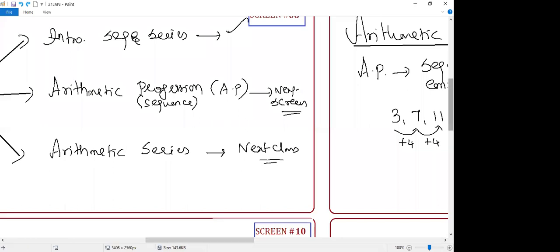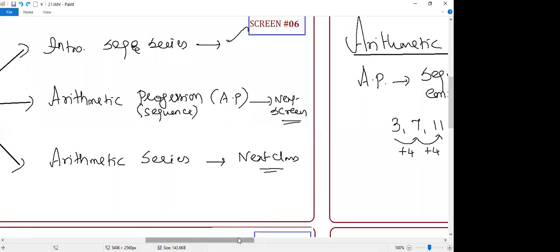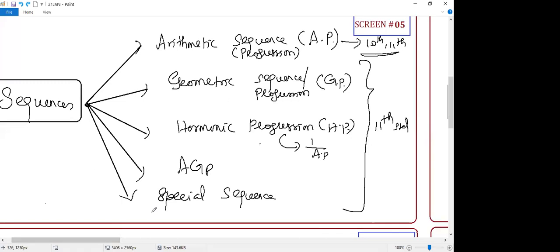Not even your NCERT has harmonic progression. But at JE level, you need that. It's a very simple definition. If in a sequence you take the reciprocal and get AP, then the given sequence is HP. Clear? That's what 1/AP is called: HP.